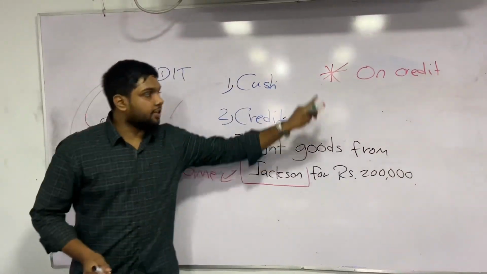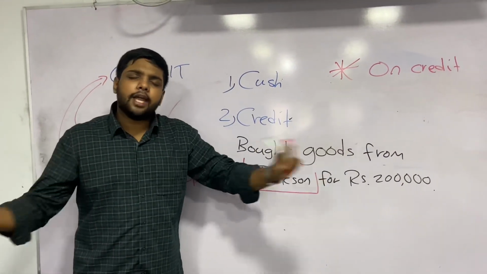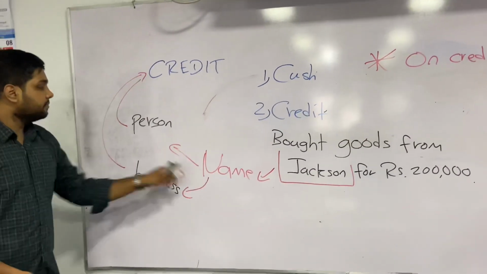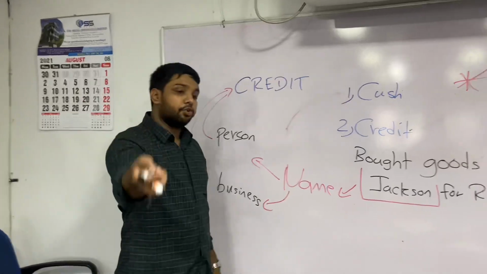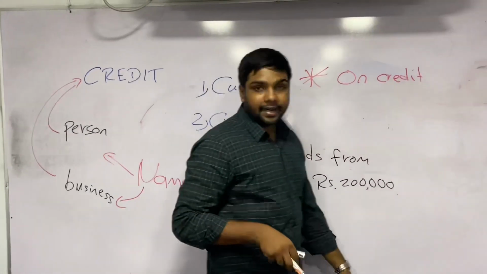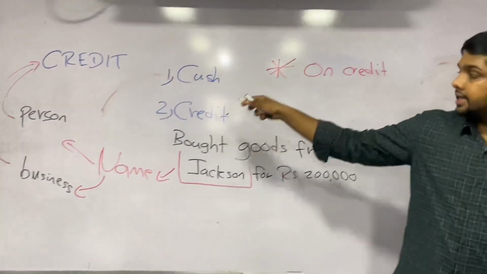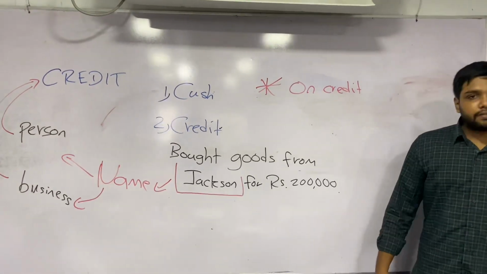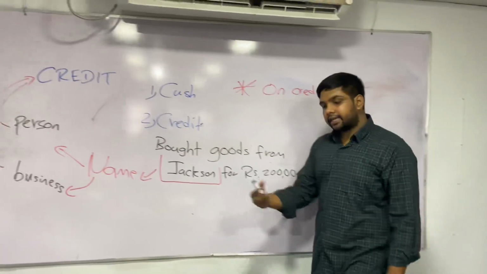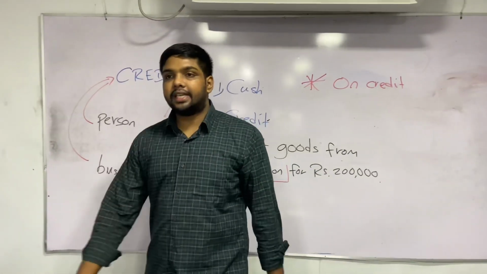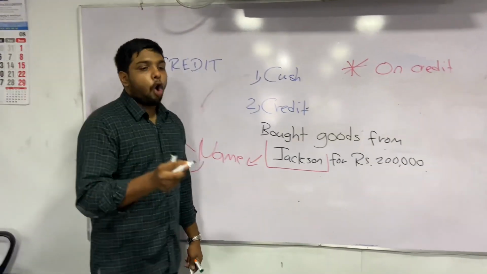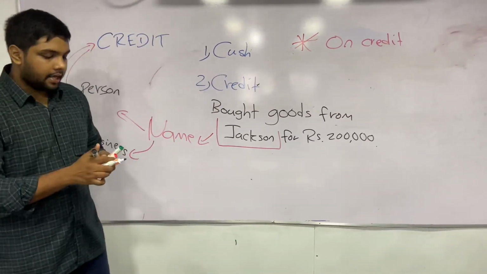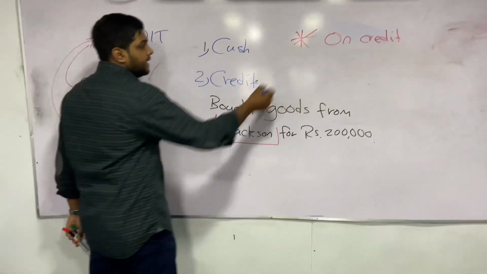You don't see the word on credit, no problem. But you see the name of a person, so it's a what transaction? Credit. So according to that, you have to use the principles of double entry and get the proper dual entry, right? So the summary of the chapter is, in a transaction, if you see the word on credit, it will be a credit transaction.